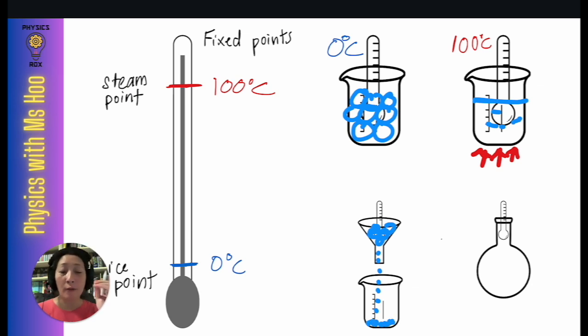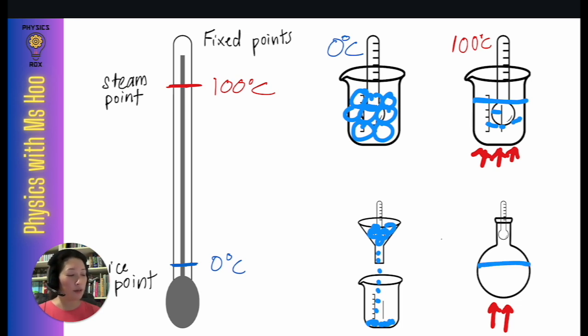So at the point when we start to see water coming out from the funnel, the ice is melting. That guarantees us that it is at a melting point. So this would be 0 degrees Celsius. Likewise, for boiling water, what we do is we would place the thermometer not within the water, but in the space above the water, which we will boil.